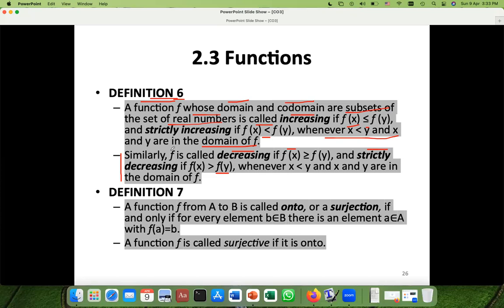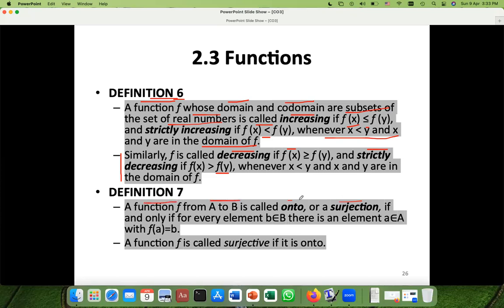And what is onto or surjection or surjective? It is the opposite of one to one, or injection. So for a function f, now you have the two sets A and B, and we have the function f.